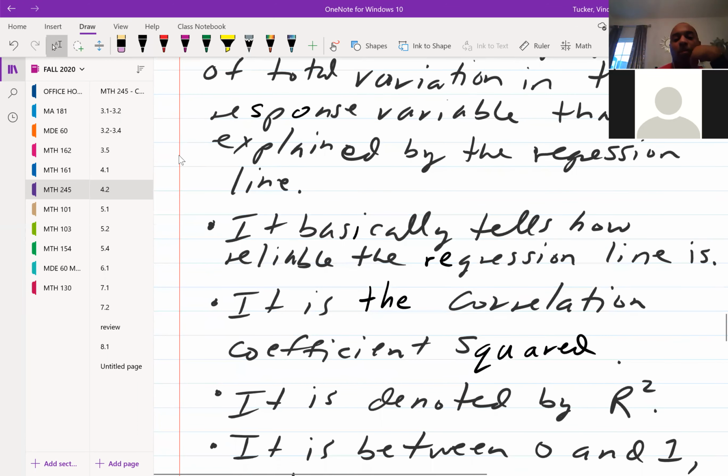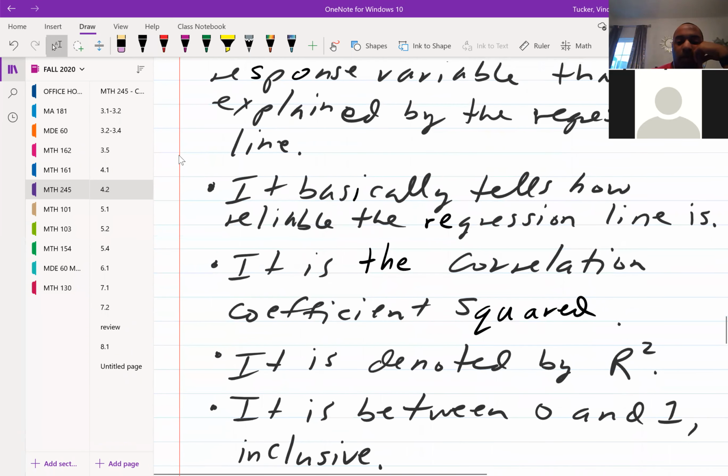It's denoted by a capital R squared, and it is between 0 and 1 inclusive.